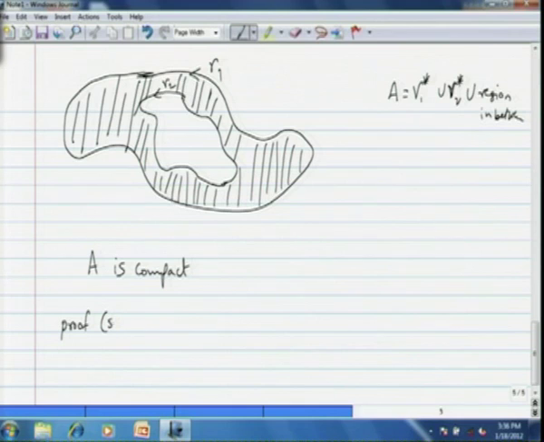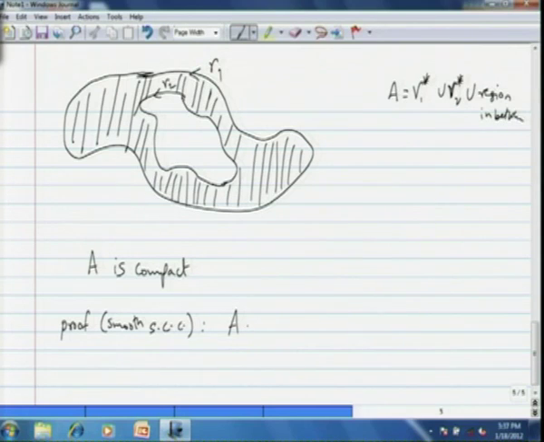I will assume that gamma 1 and gamma 2 are smooth simple closed curves. The proof for piecewise smooth simple closed curves can be given similarly, with some slight modification of the proof that I am going to give.